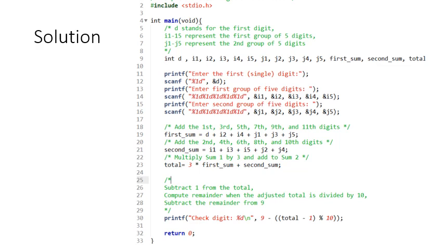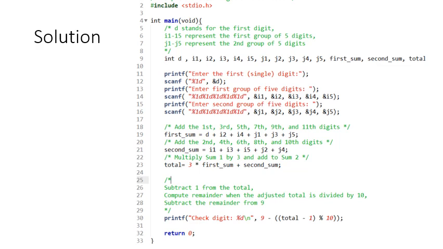So we include here %1d because we want to specify only 1 digit integer, and then we use a %d simply to point to the address of d. And then we let the user enter the first group of 5 digits.